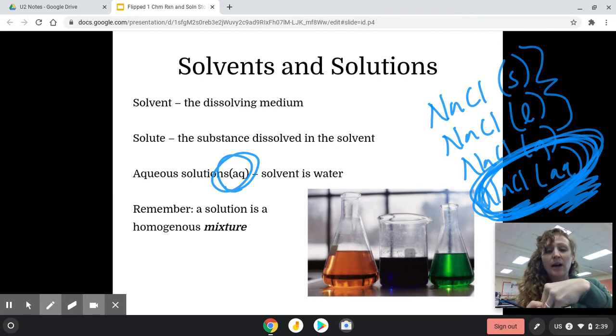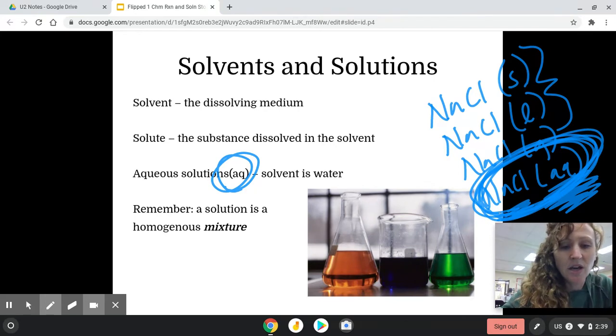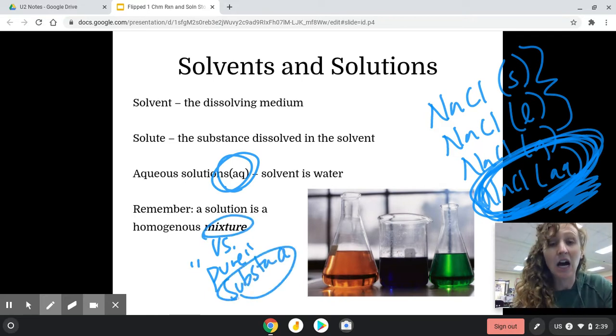When you have a mixture, you do not have a pure substance. So that's one of the things to differentiate between: mixture versus a pure substance. Mixtures and substances are different.